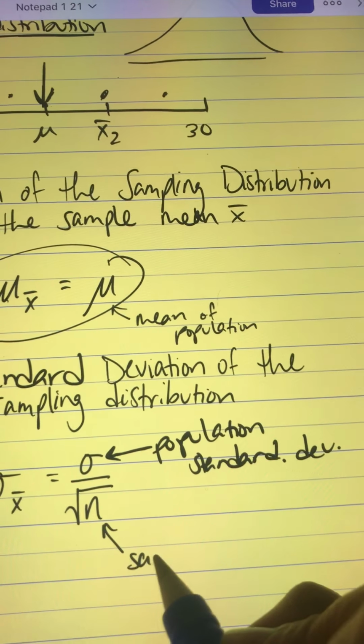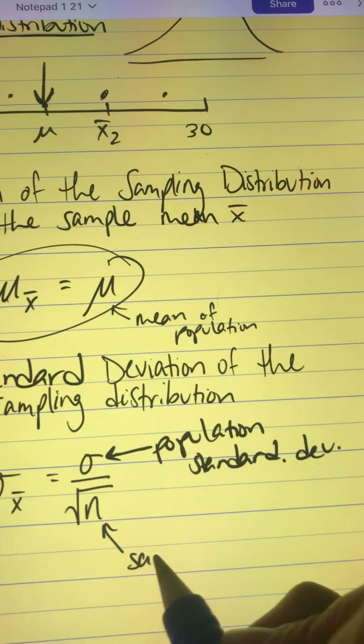For fact 3, it's literally just a fact, no equations. It's saying that if I have a sampling distribution for a normal population, remember normal means that it is bell-shaped, then it's normal regardless of the sample size.